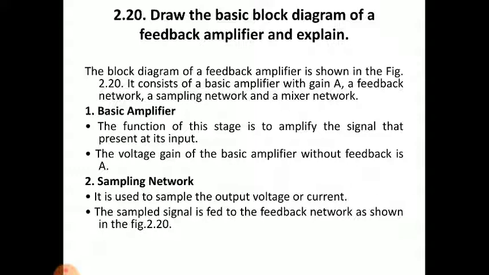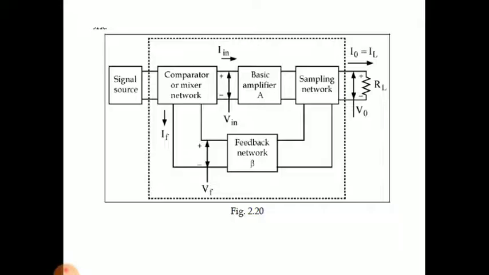Now we have to see the working, that is the explanation of the working of feedback amplifier. First, what do you mean by basic amplifier block? What does it have? What will it do? The function of this stage is to amplify the signal that is present at its input, not the source. In the block we have the signal source, but for the basic amplifier that may not be the input.